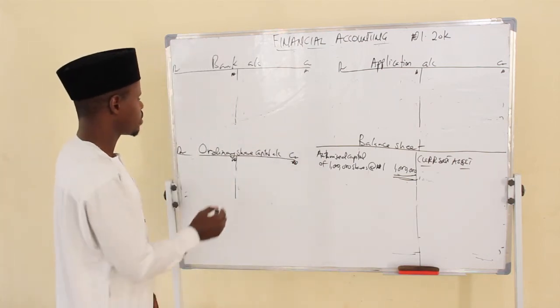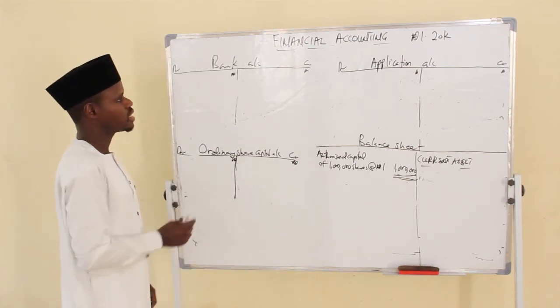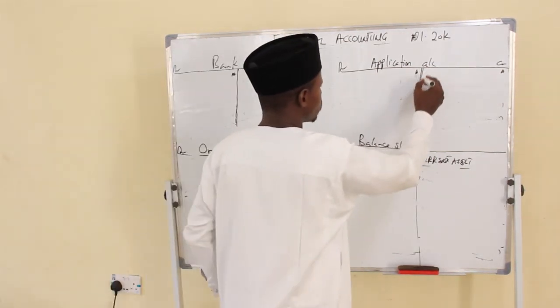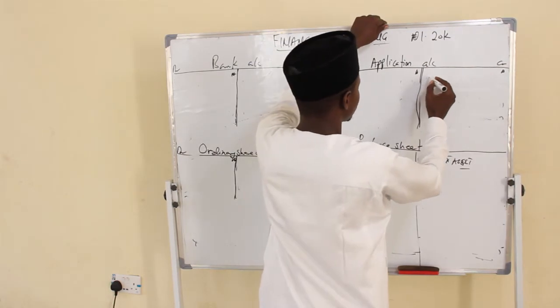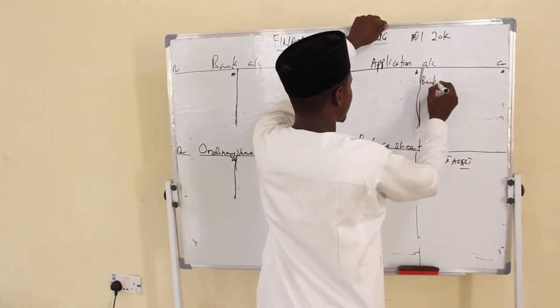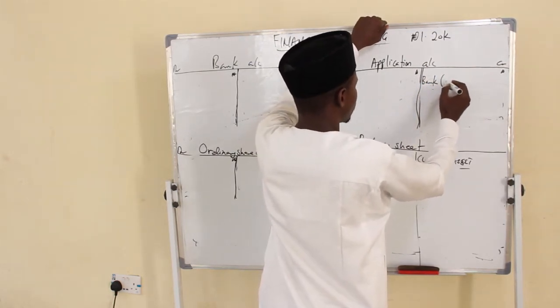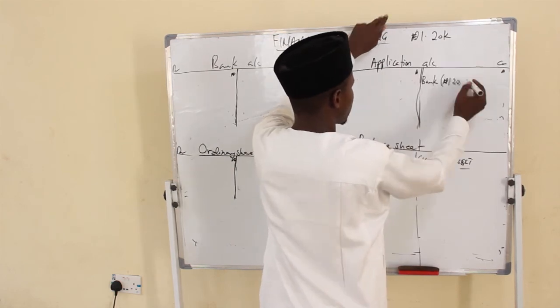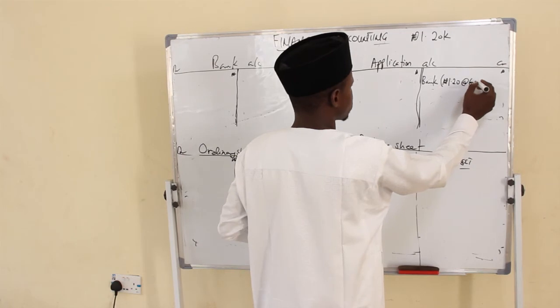Now, when you are selling it at a premium, these will be the accounting entries. First, we said the application account. You have bank, 1 naira 20 kobo at 600,000.